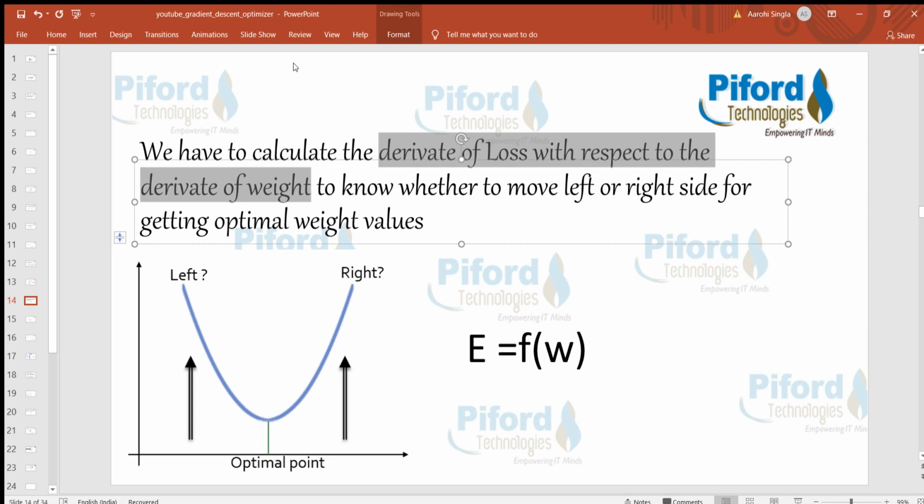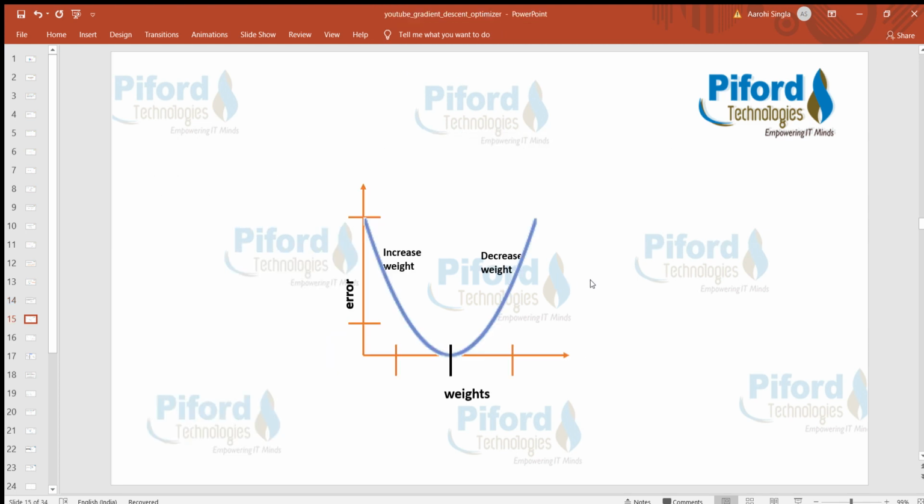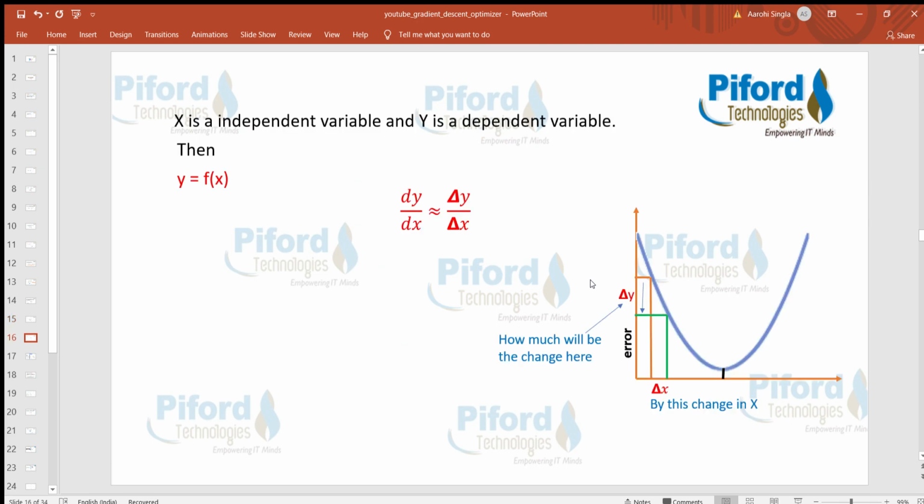So in this condition, we are calculating the derivative of error with respect to the derivative of W5. Derivative simply means, see, we are talking about derivative from the last few slides. So what does derivative simply say? Derivative simply says what is the change in the dependent variable when there is a change in the independent variable.